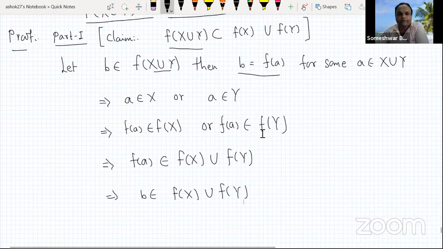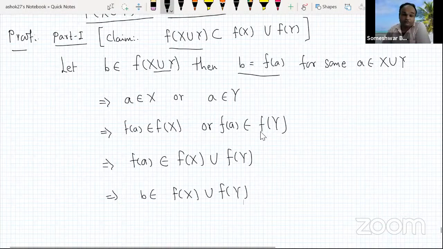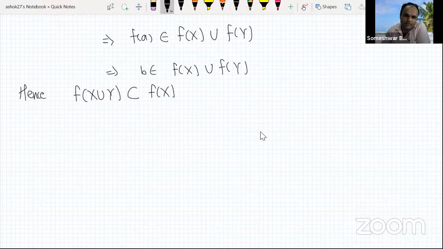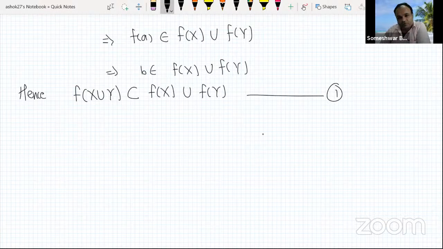So we take b from f of x union y and put it in f of x union f of y. So it implies f of x union y is a subset of f of x union f of y. You can write this as equation number 1.